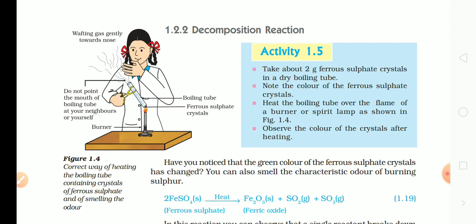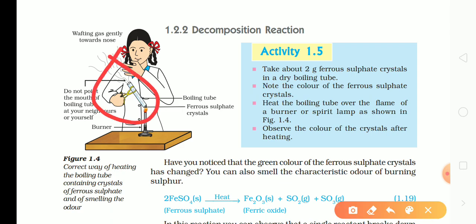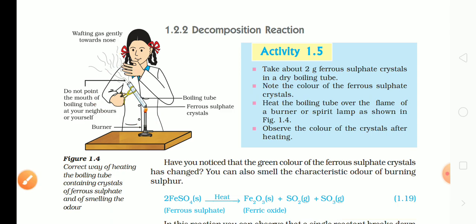So always hold the test tube like this, and prevent the gas from entering your nose. Then note the color of the ferrous sulfate crystals. It is green in color. Heat the boiling tube over the flame of a burner or spirit lamp as shown in figure 1.4. Observe the color of the crystal after heating.